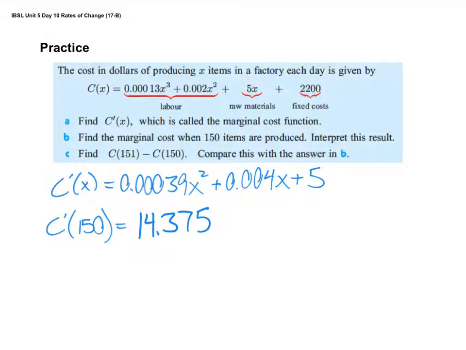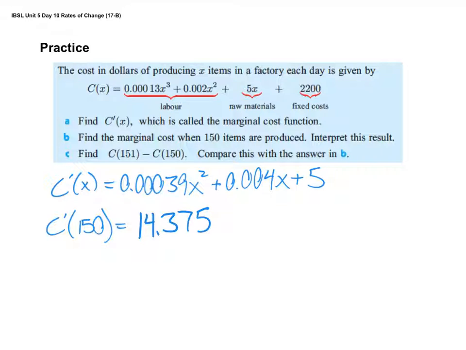I want to see though, if you look at C, find the difference between C of 151 minus C of 150. Okay, so notice we're plugging this into the original function. Notice this cost is our total costs for everything, not just per unit.